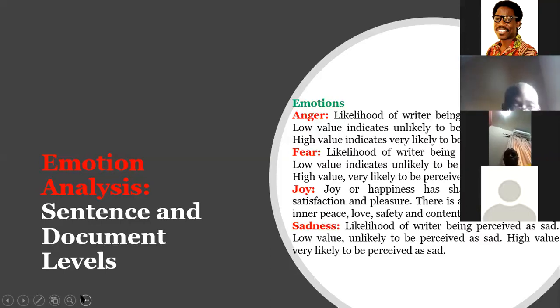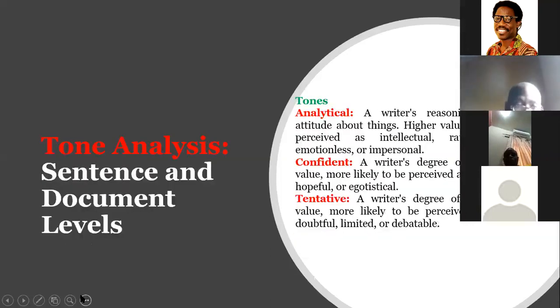So now, after assessment and emotion analysis, we also have tone analysis. So we can also conduct it on a sentence and a document and discover the tone in that particular area. The tone here actually refers to the language that the person has used while discussing or communicating that particular information to the public.